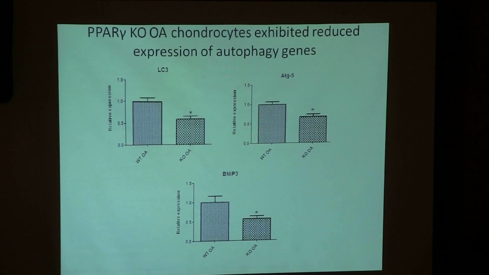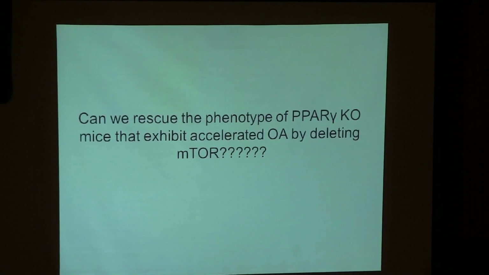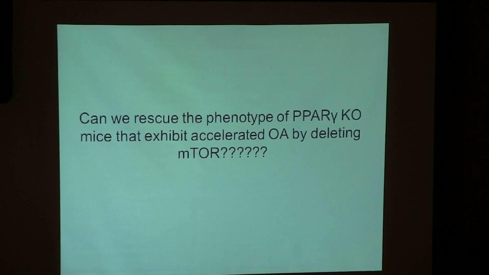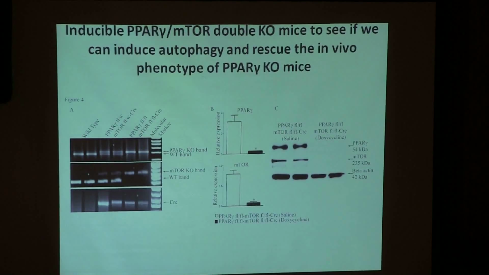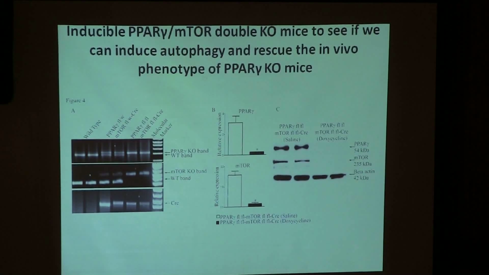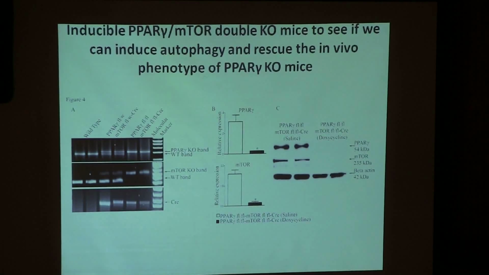So there is a correlation between cell death and cell survival mechanisms, where knockout of PPAR gamma reduces cell survival and increases the rate of cell death. So we wanted to go back and look at whether there was any relationship between PPAR gamma and mTOR, and try to delineate any associated cell death or cell survival mechanism. So we created a double knockout mouse where PPAR gamma and mTOR were both deleted in the articular cartilage, and then we subjected these mice to the same model of osteoarthritis, which is the DMM model.